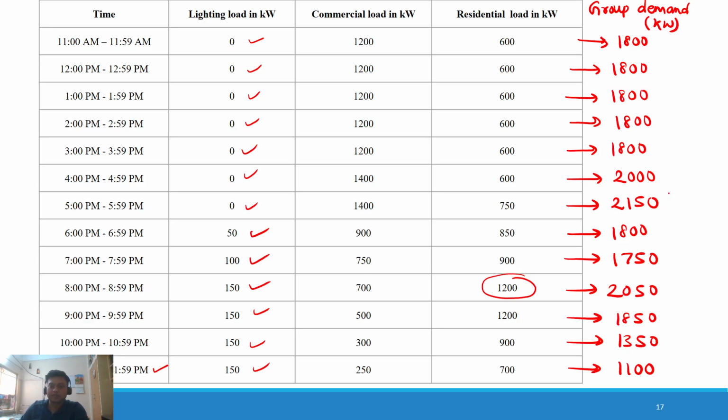So this one is the group peak demand, 2150, for the time duration of 5 o'clock to 5:59, that is the evening hour. So for this duration, this is the aggregate peak demand of the feeder. So just highlight this row.